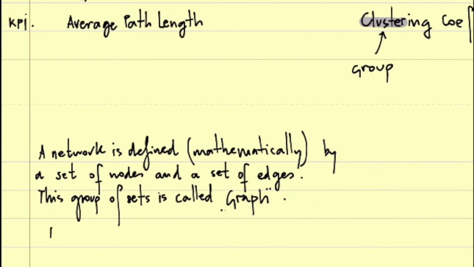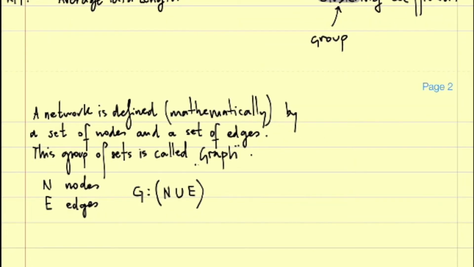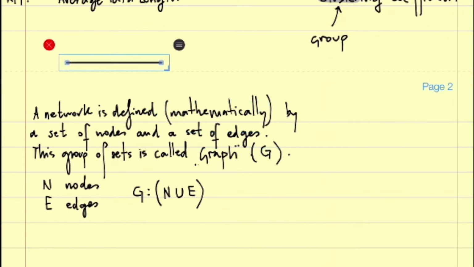So we have N for the nodes, E for the edges, and the union of both is called a graph, N united with E, a graph called G. This is how we describe networks mathematically, with graphs.